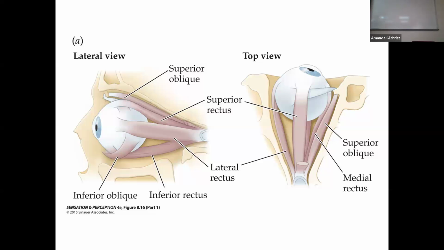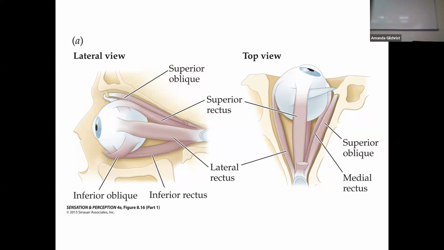Okay. So here we have our 6 different muscles for each eye, as you can kind of see, and they are kind of organized in these orthogonal pairs. One of the things that you'll notice, over here we have some oblique muscles. We have our inferior oblique and our superior oblique right here.